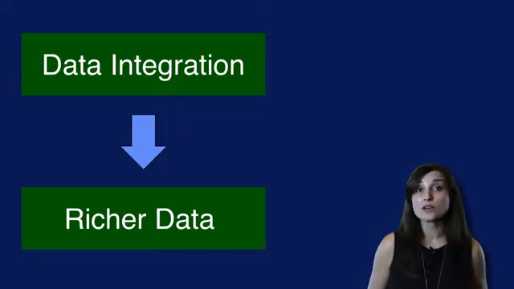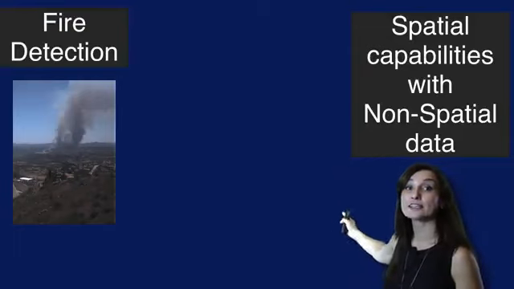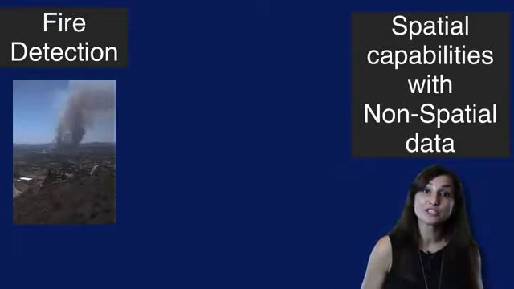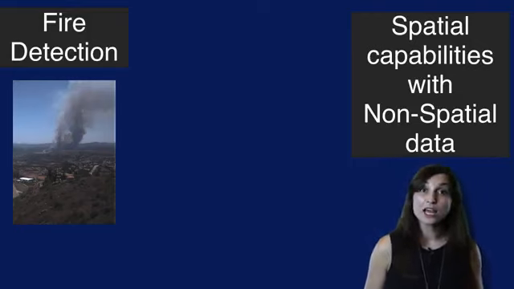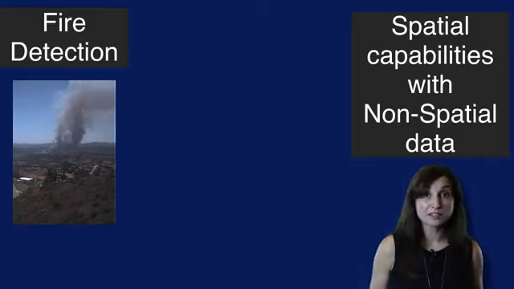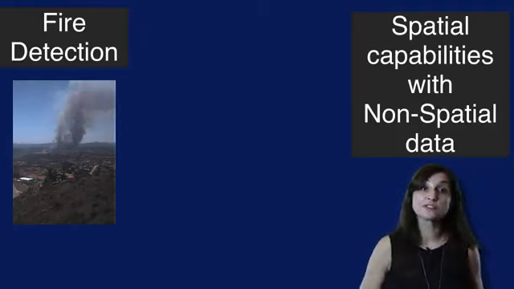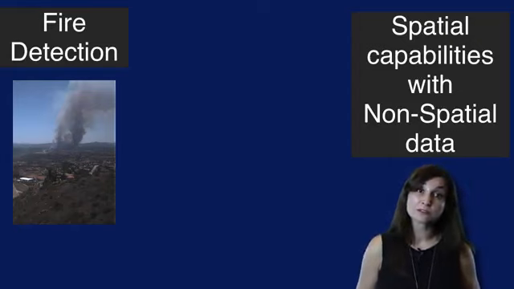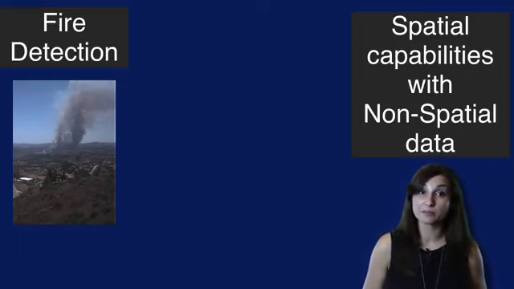When you integrate data in different formats, you make the final product richer in the number of features you describe the data with. For example, by integrating environmental sensor and camera data with geographical information system data, such as in my wildfire prediction application, I can use the spatial data capabilities with non-spatial data to more accurately run fire simulations. In the past, although we were able to see the images of a fire from mountaintop cameras, just like this image, we were still not able to tell what the exact location of the fire is automatically.